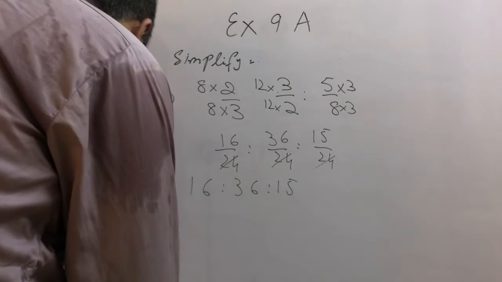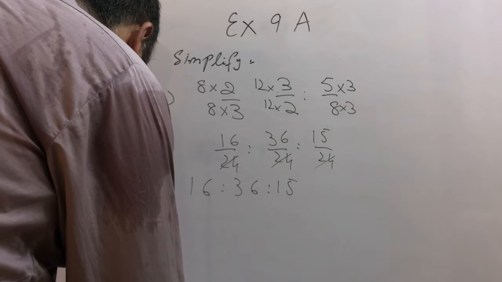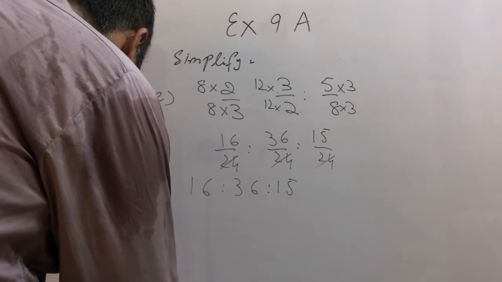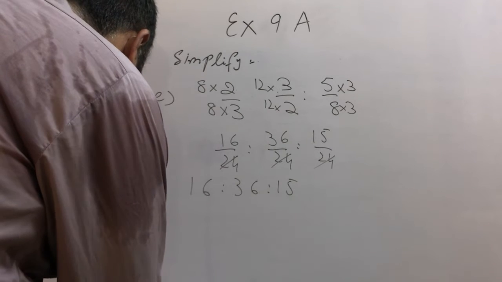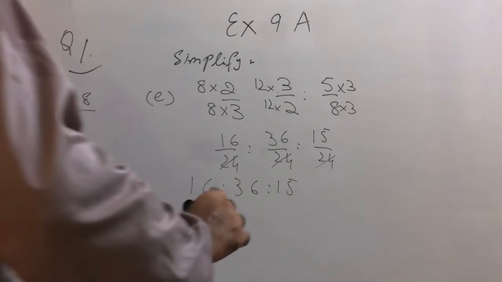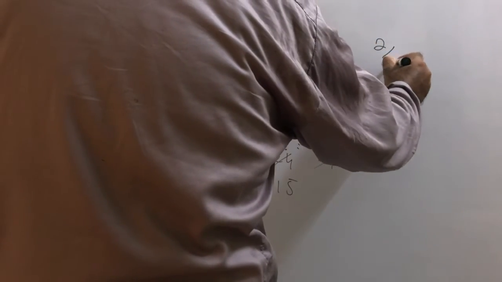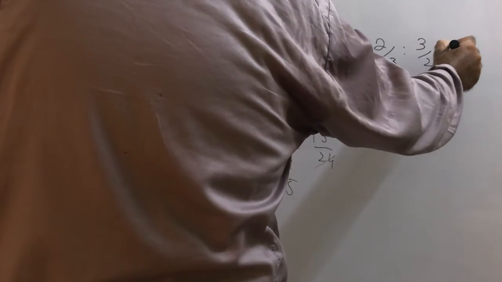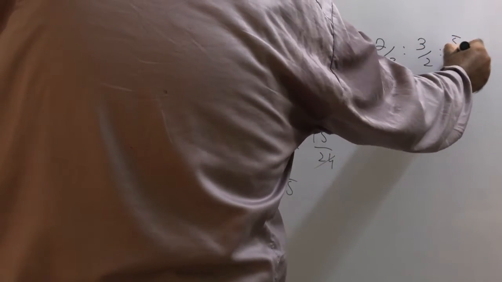These three numbers are such that we cannot divide these numbers with the same table. So this is the answer. So I'll repeat that now we were having three fractions. One was 2/3, other was 3/2, the third was 5/8.